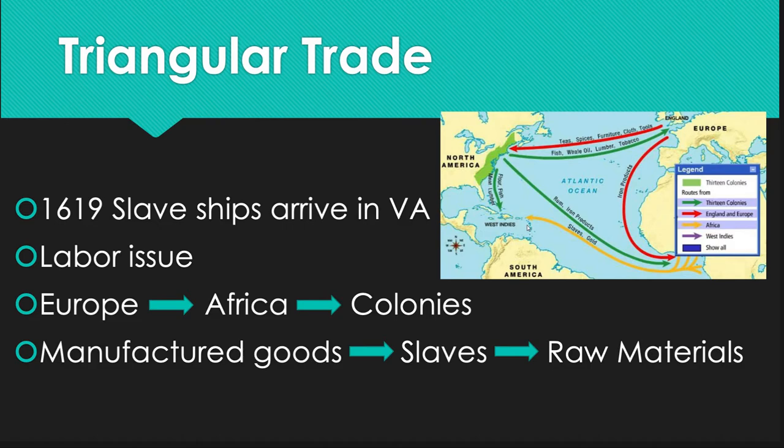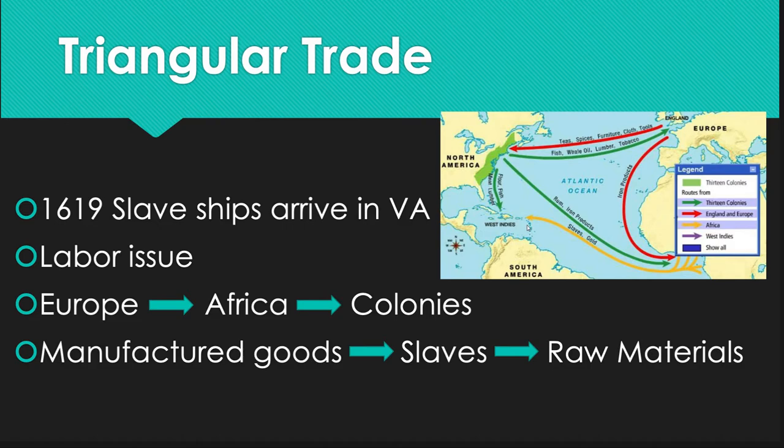Now, the idea of triangular trade comes in when we look at the trade from Europe to Africa and Africa to the colonies and back and forth between them. So if we just break down the first bit there and we look at trade from Europe to Africa, Europe is trading to Africa things such as iron products, which would include weapons and anything that they could not manufacture for themselves.